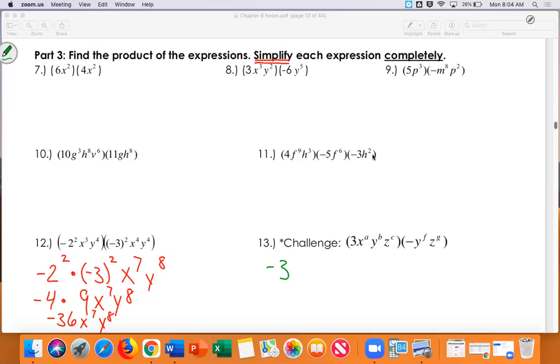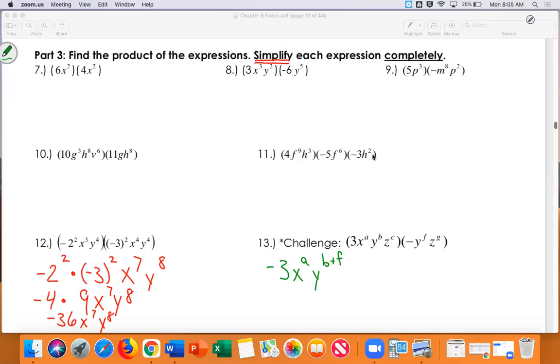Now the x's. I just have x to the a. Now I have y's. Y to the b times y to the f is y to the b plus f, because remember, Neve, you told me when I multiply, I add the exponents, right?